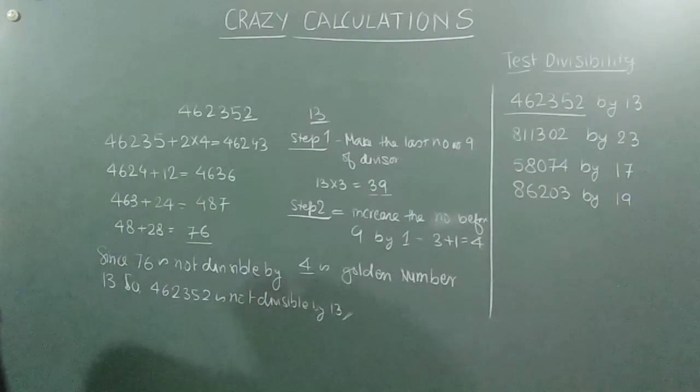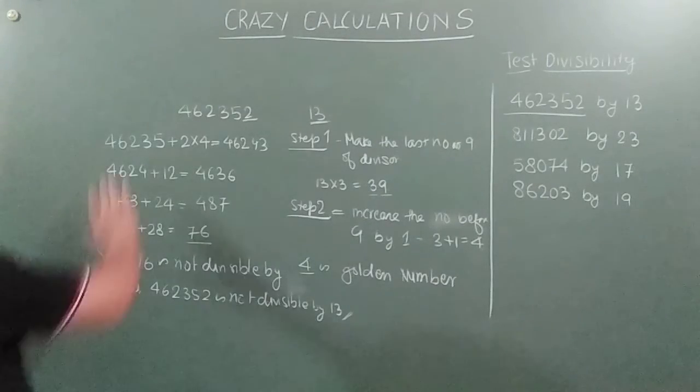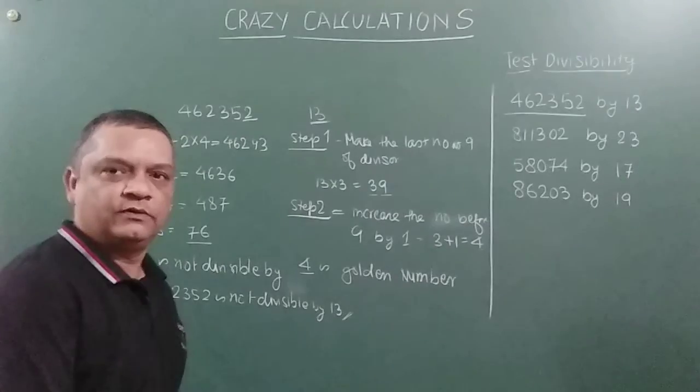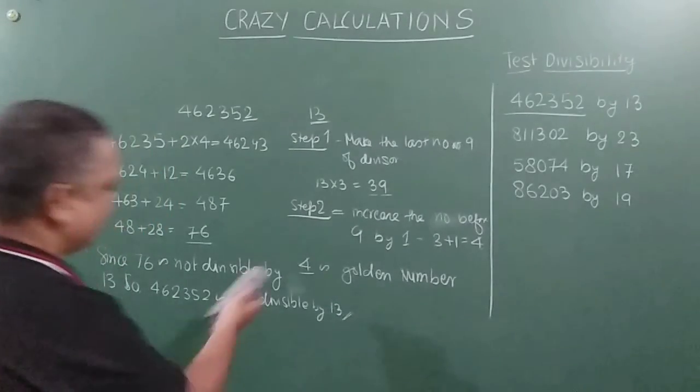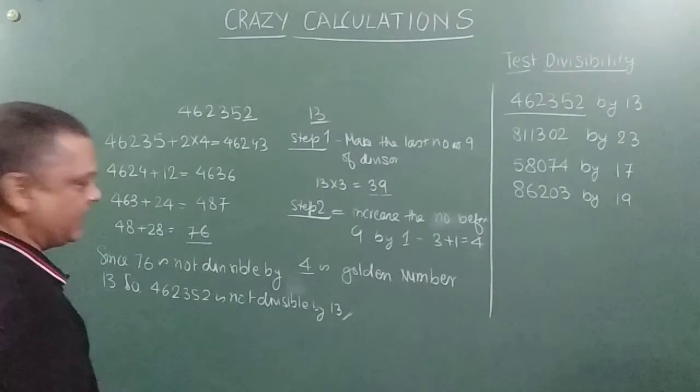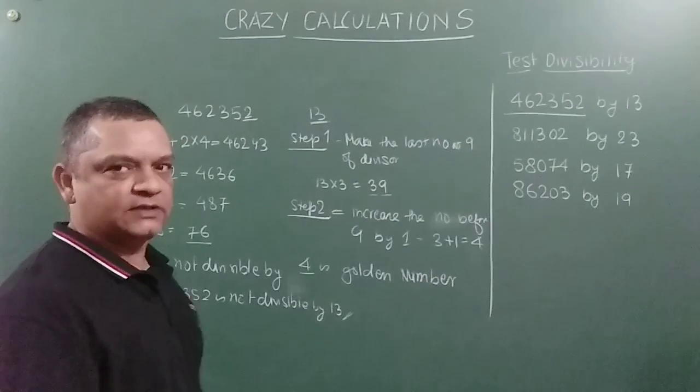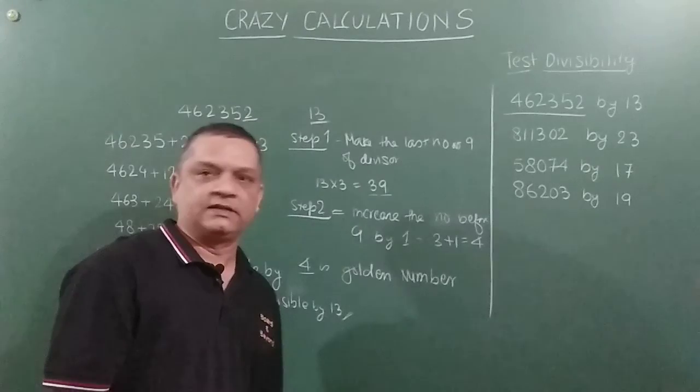Yes, this is the conclusion part of it, right friends? I hope you got this. This is the way you have to follow. Since I was explaining it in great detail, I have taken a little extra time, but with practice you will be able to complete it within 30 seconds, right?